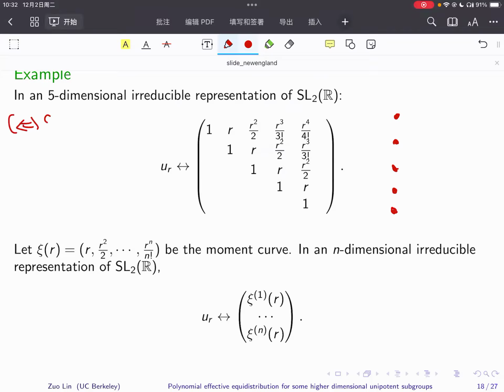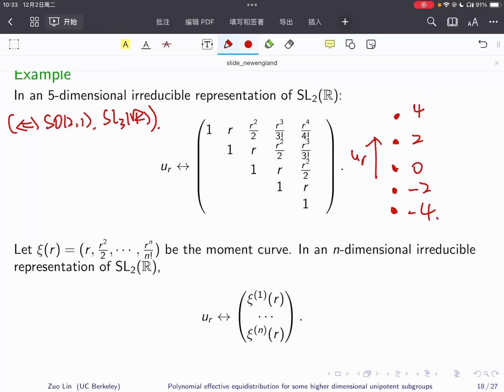Let me remark that this corresponds to the case of the Oppenheim conjecture: the complement is a 5-dimensional irreducible representation. In this case, under a suitable basis, you can write your U_R as strictly upper triangular matrices. If you like, you can think of this irreducible representation as having weights 4, 2, 0, -2, -4, and the unipotent is shifting everything up, shifting everything to the expanding direction of your diagonal flow.